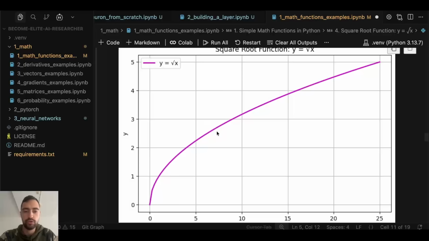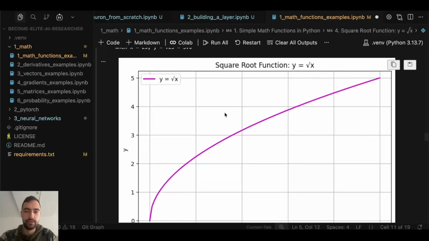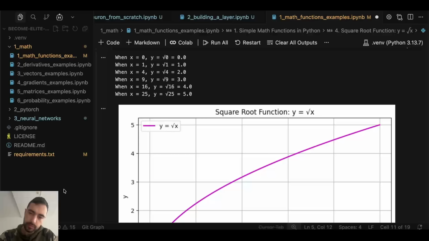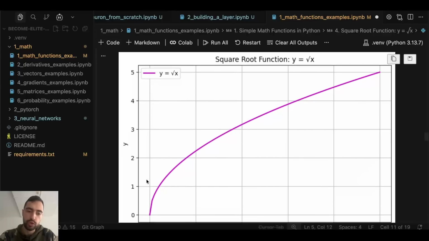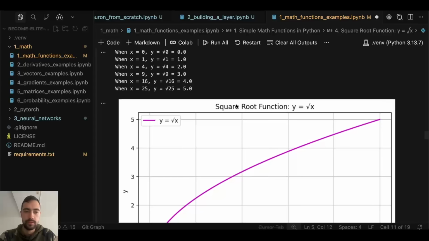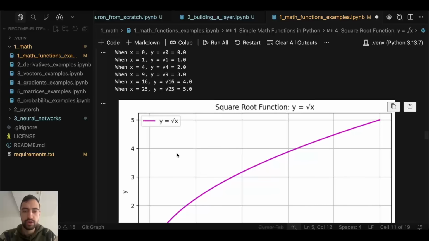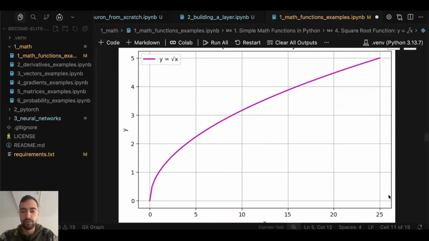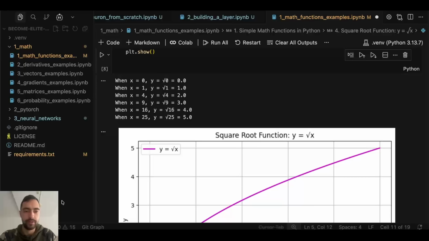This is also good to know, this kind of function. It's growing very fast in the beginning, but then it's starting to grow slower and slower. Although this will grow to infinity as well. So there is no limit here. It will also grow forever. As x grows forever, y will also grow forever.